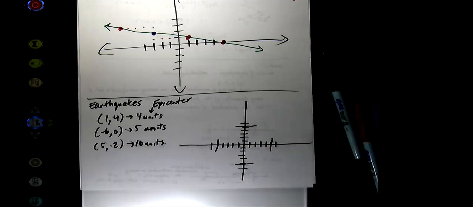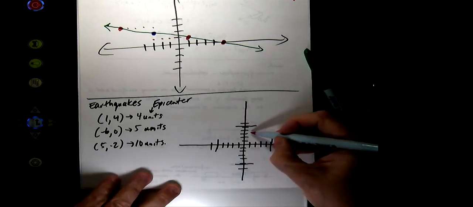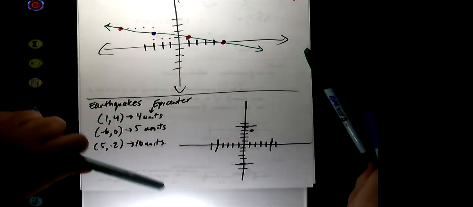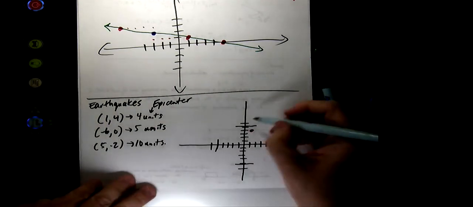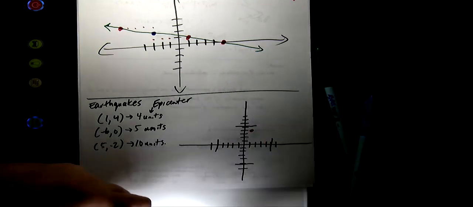So 1, 4 is right here. And they know the earthquake is 4 units away, but they don't know in what direction.